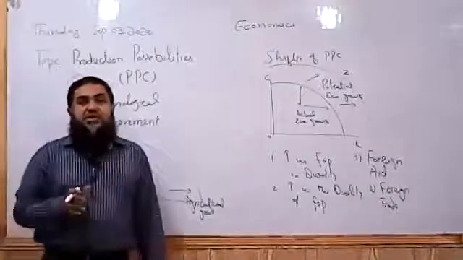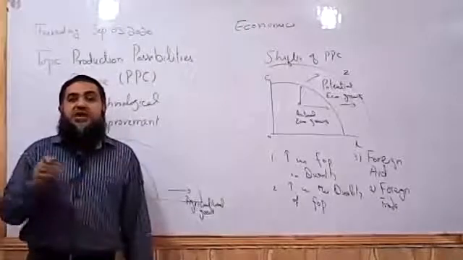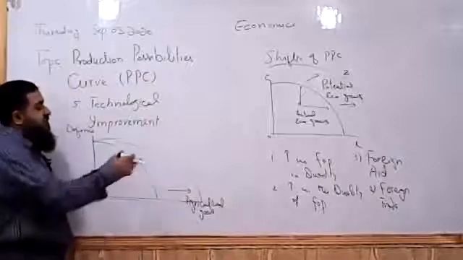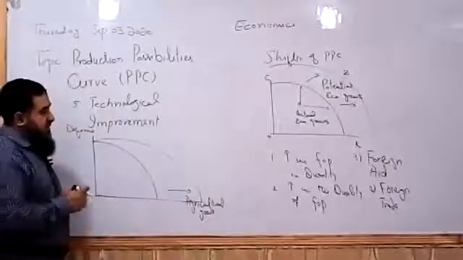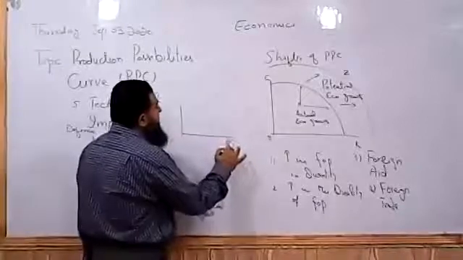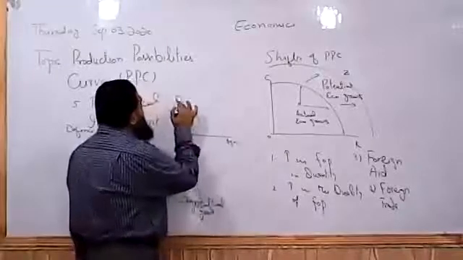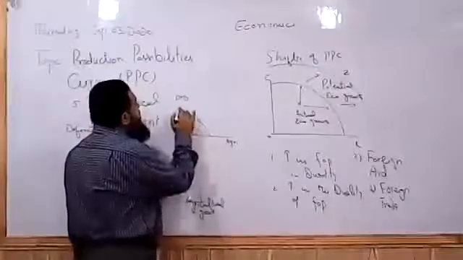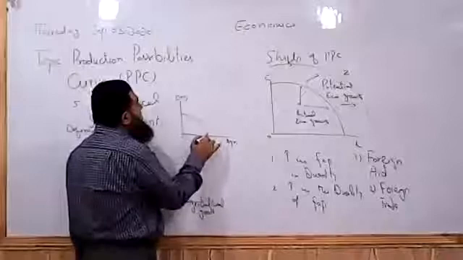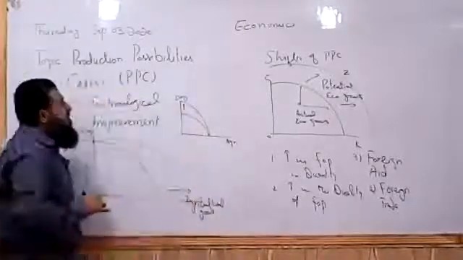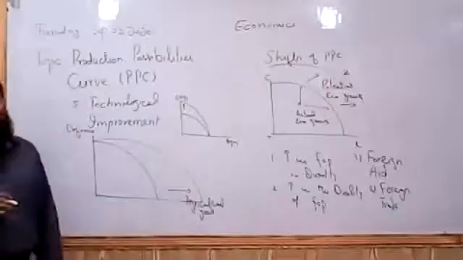So when technology is improved for the production of only the agricultural goods, then it will have a pivotal rightward shift from the horizontal axis. And if we say, here I am taking again agriculture and here I am taking the defense, if technology is improved to produce more of weapons, defense items, then we have a pivotal outward shift from the vertical side.